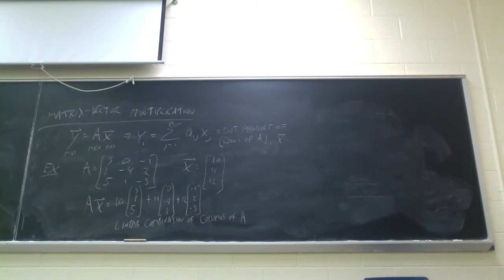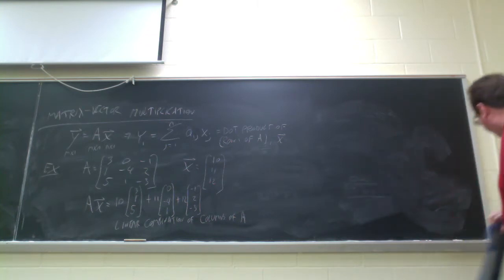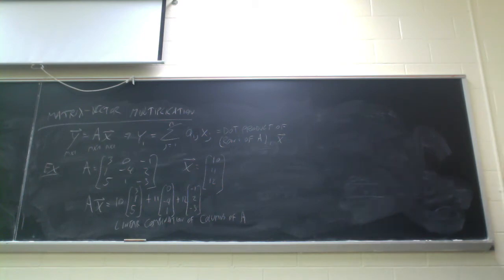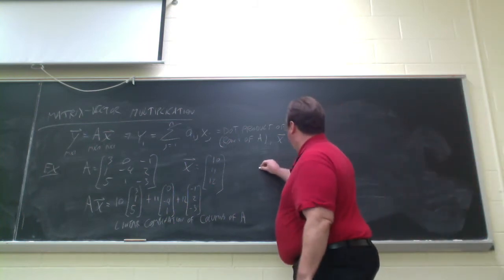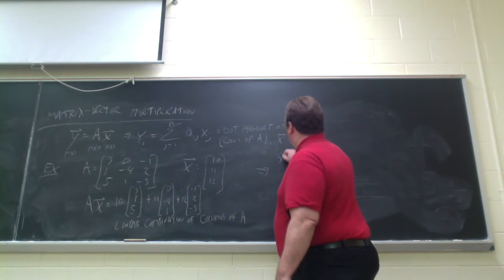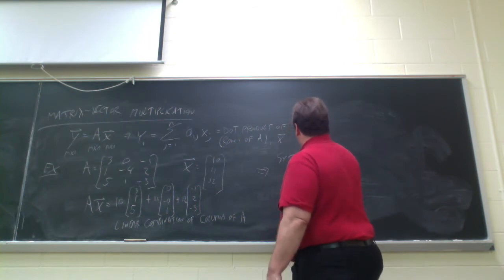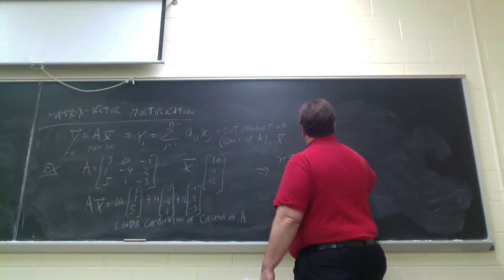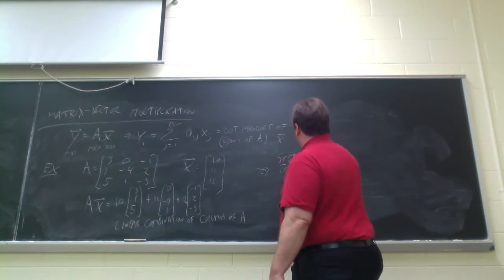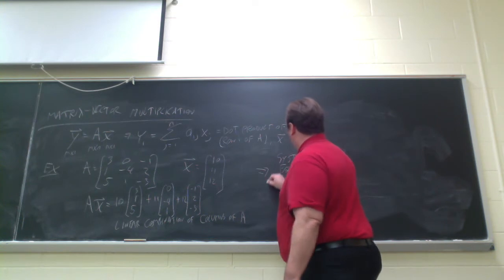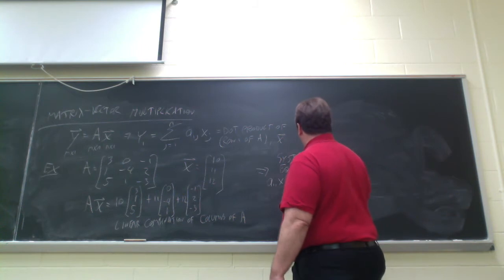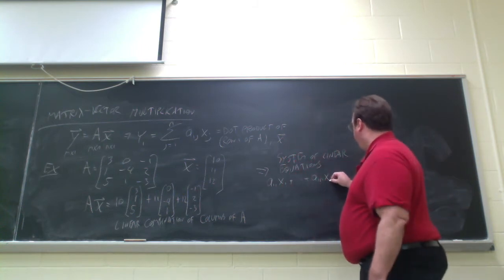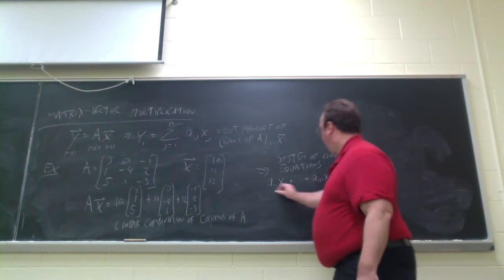Now, one very important use of matrix vector multiplication is systems of linear equations of this form, a11 x1 plus so forth, a1n xn is equal to b1, and then we keep going.